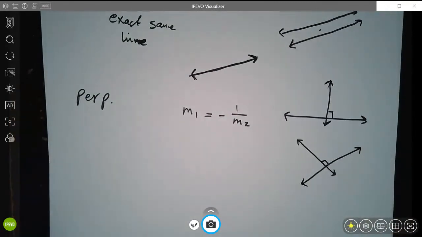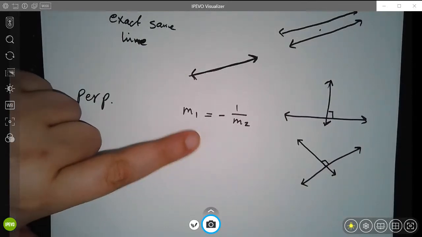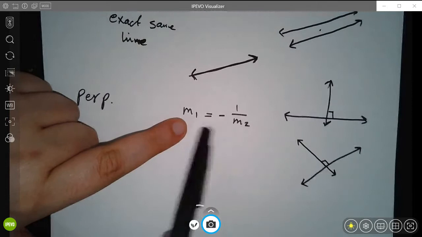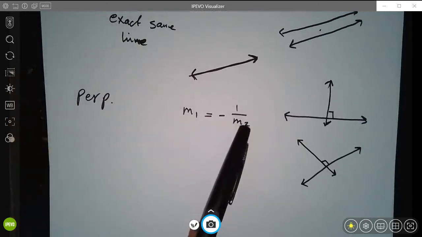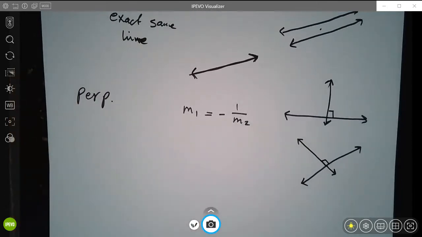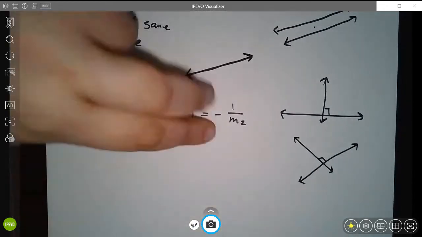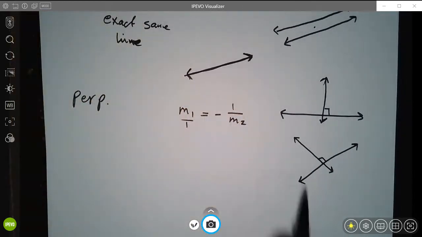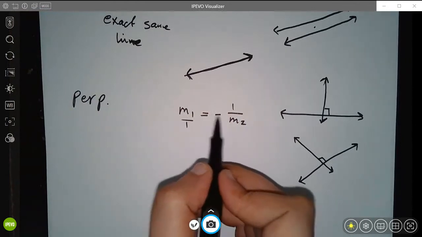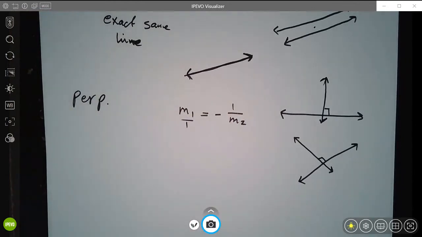So as long as the angle is 90, they're perpendicular. And the difference in slope is what? M1 equals 1 over M2, and it's negative. So if this is M over 1, you're going to flip the fraction, flip the value, literally, and then flip the sign. The negative reciprocal.